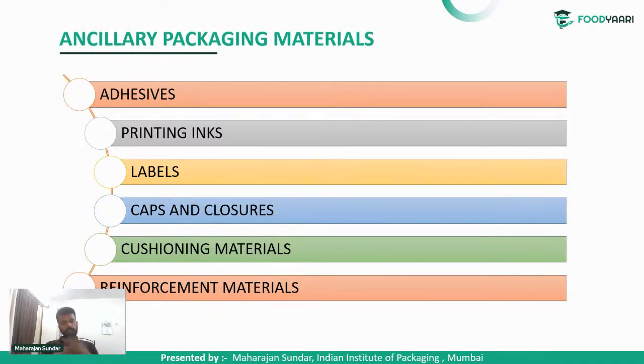Cushioning material, in the sense of bubble wraps, or paper, or cartons, and thermocols. These are called cushioning materials, and they are used for fragile material packaging. For example, wine is packed in a glass container. Glass is generally fragile.